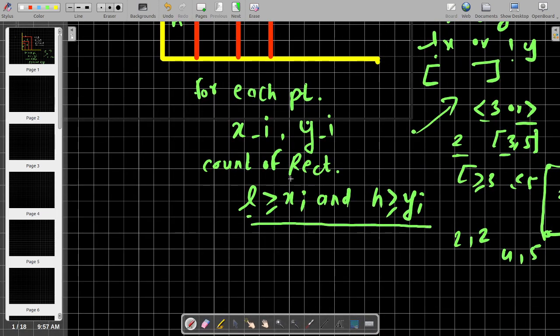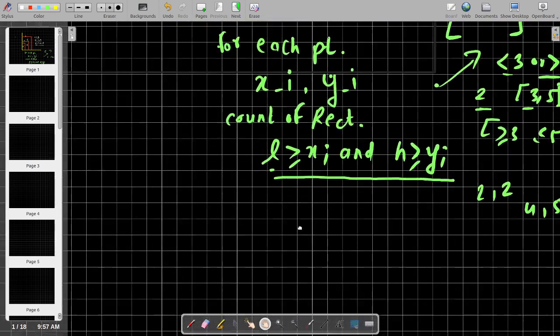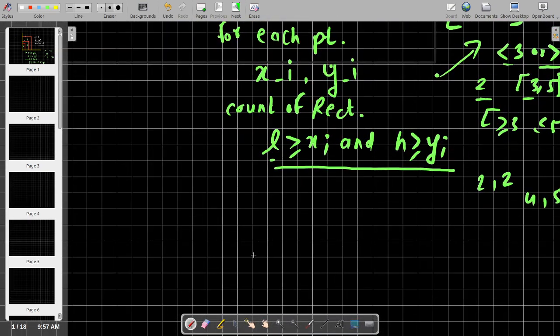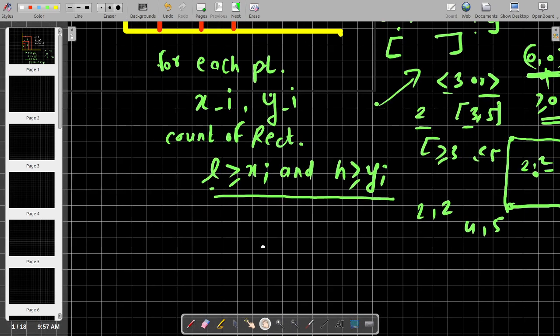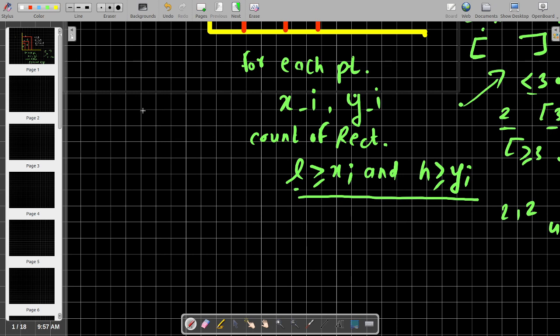Whenever a problem asks for a count of rectangles, we could directly consider it as a sweep. We could do a sweep, but we could also do a kind of modified brute force, because here they have given that the x coordinate is large, but the y coordinate is less than or equal to 100.